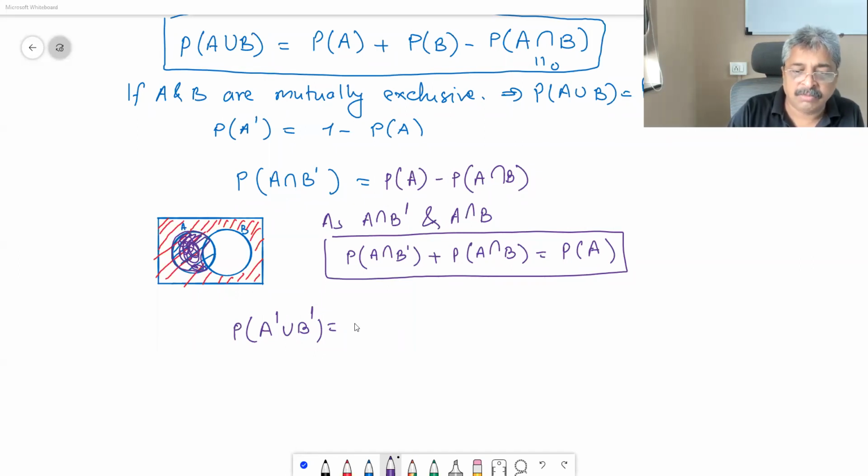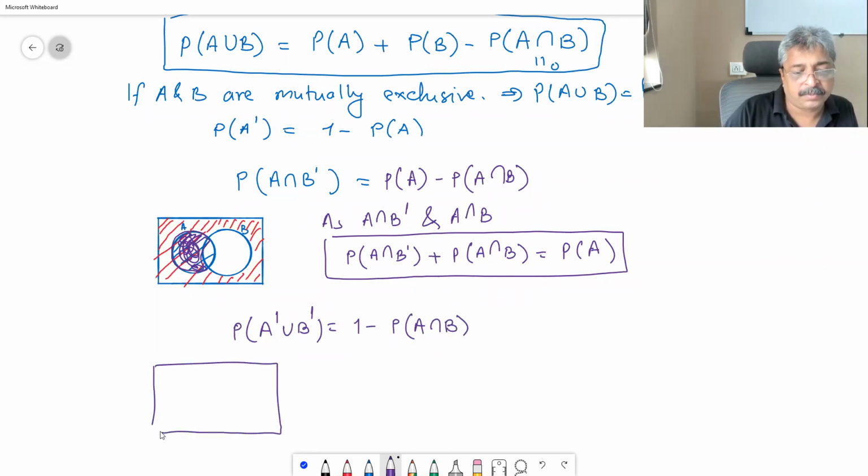This is 1 minus probability of intersection, because in the Venn diagram, suppose this is A, suppose this is B, then A dash is all this. B dash is all this.